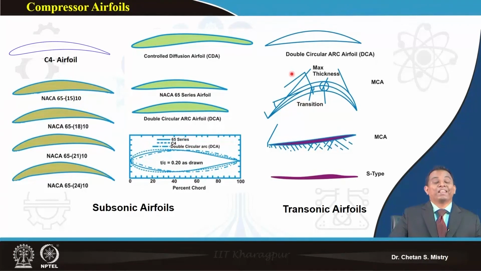So you can understand, it is not always that your airfoil is uniform at the hub, at the midsection and at the tip region. You may have different kinds of airfoils at different locations. That puts a more challenging part in design, in understanding and in fabrication.